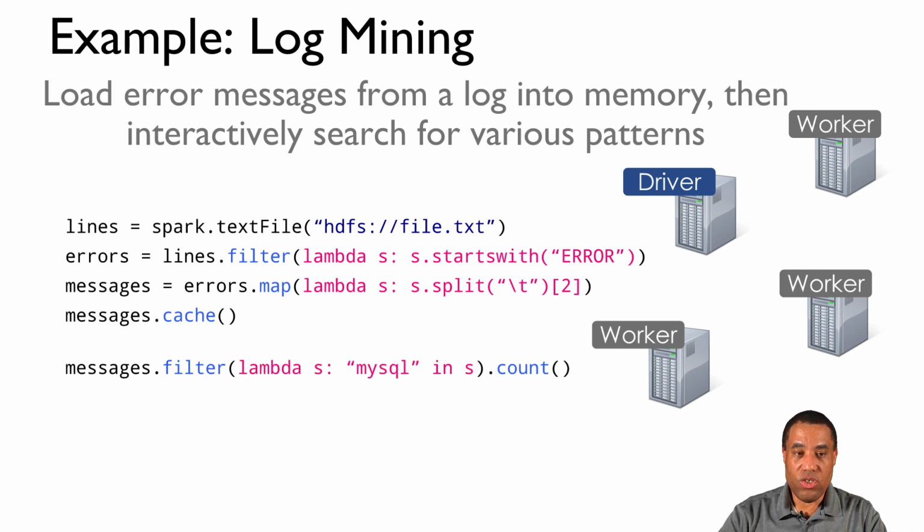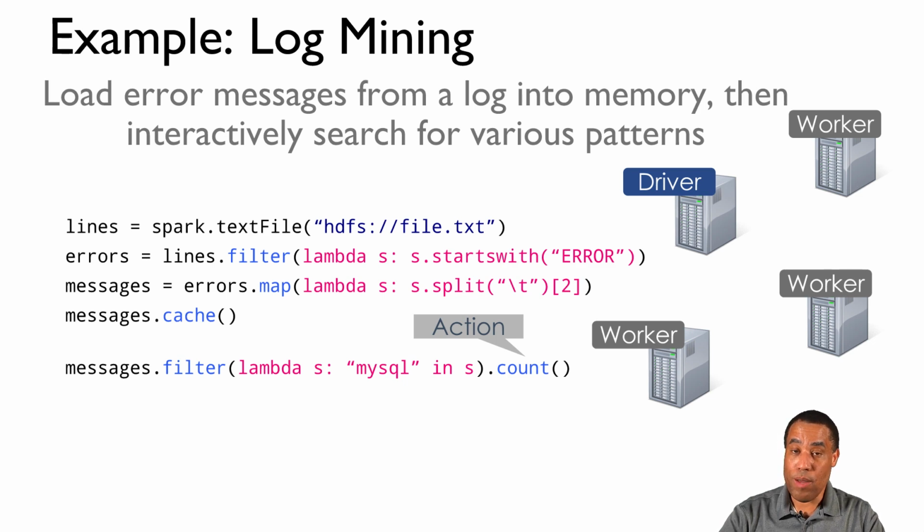All right, so now we're going to do a filter to look at the lines that contain MySQL, and then we're going to count them. Filter is a transformation, so all we do is add that to the list of transformations that we want to do. But count is actually an action, and so count is going to kick off the computation.